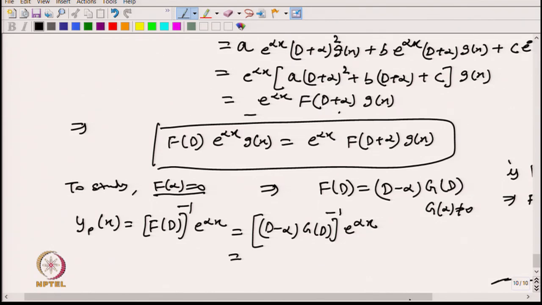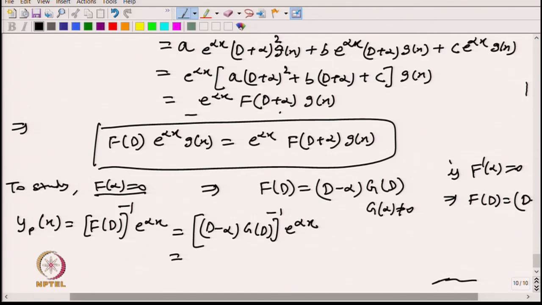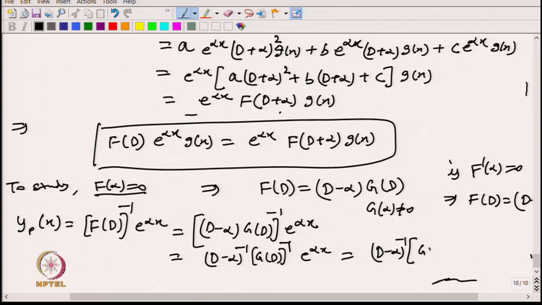Now, in this case also, this is the inverse. So, I can separate e raised to power alpha x. From here I can write (D minus alpha) inverse, and then this is the operator inverse on e raised to power alpha x. Now, g of alpha is not equal to 0.